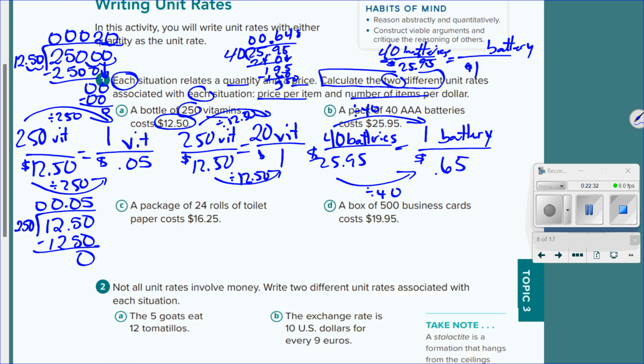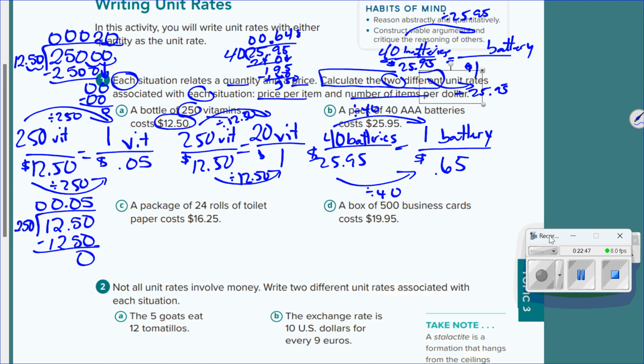So now I got to go dividing by $25.95. Now the math gets a little more complex, but it's really not that bad. So I take 40 divided by $25.95. I need to move my decimal twice. I'm going to add 2 zeros before I bring my decimal up.